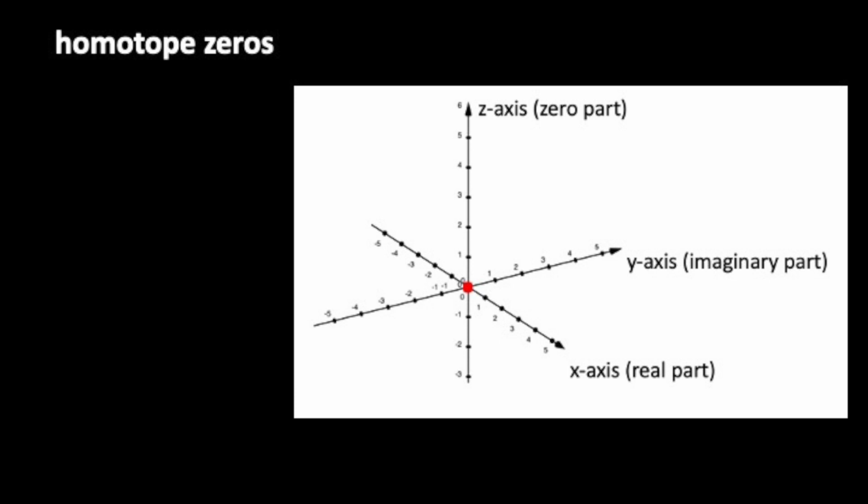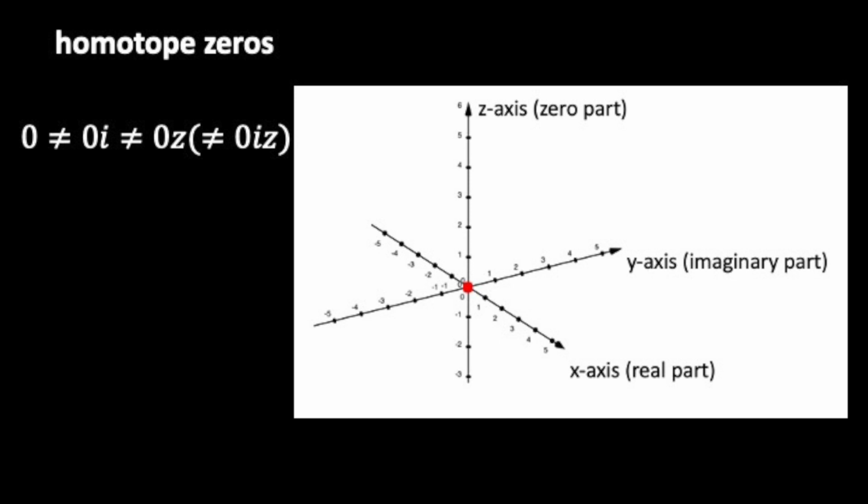However, all these zeros are distinct. Real 0 is not equal to 0i or 0z, and by extension to metacomplex numbers, it is also not equal to 0iz. Although the zeros occupy the same location in the hypercomplex or metacomplex space, they are all different from each other.